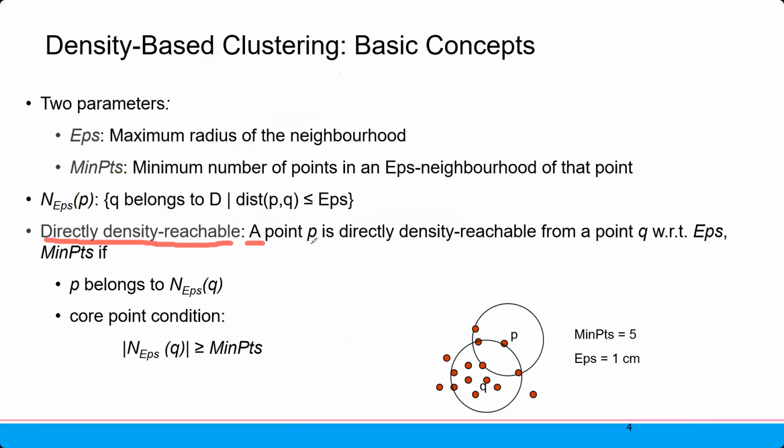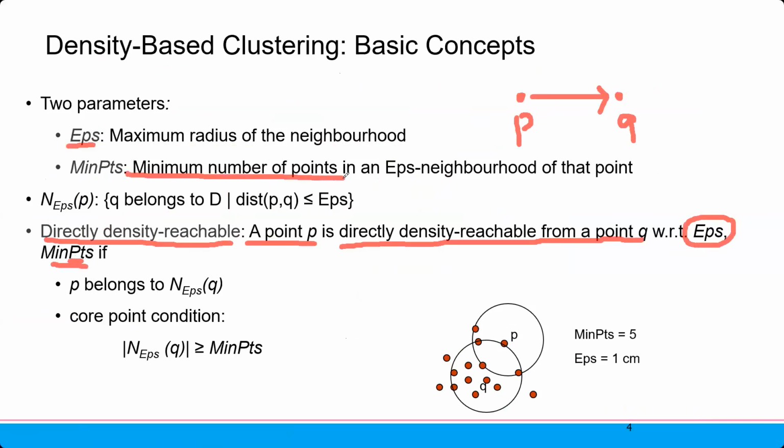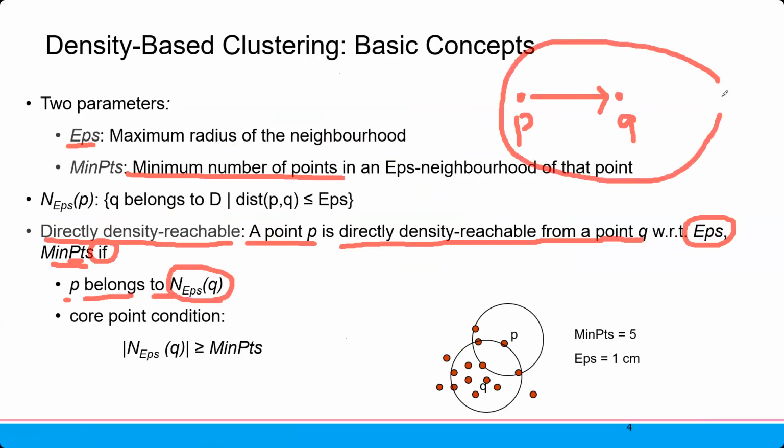A point P is directly density reachable from a point Q, so it is two different points, with regard to the EPS and minimum points, where EPS is the maximum radius and MinPts is the minimum number of points, if P belongs to N_EPS(Q). So if I know the radius of Q is this one, then P belongs to the neighborhood.